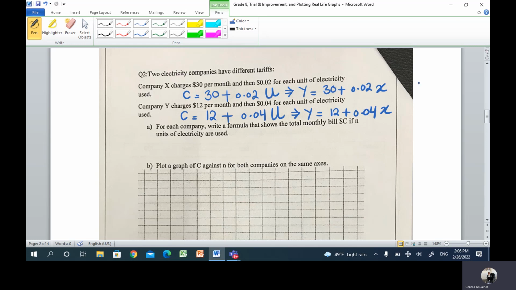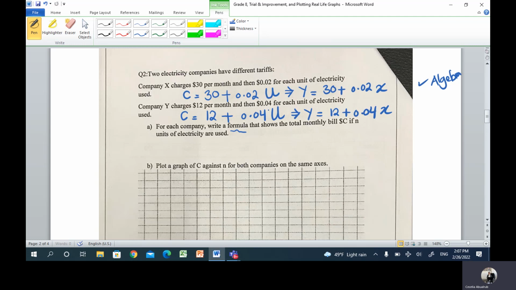So the first skill that you used is algebra: how to translate a sentence into an equation. For each company, write a formula that shows the total monthly bill that you will pay as C if N is the units of electricity that you're using.